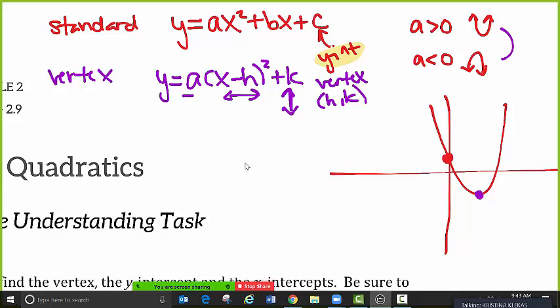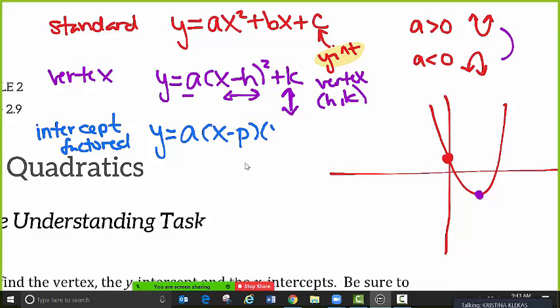And what we have there, we call it intercept form or factored form. Okay, and this was the one, again, that told us the width of our quilts, and it looks something like this. A times x minus p, x minus q. Again, this a tells us the same stuff as the other a's.